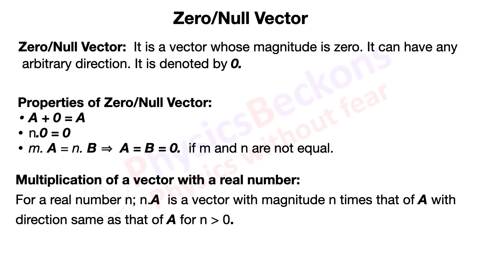If n is greater than 0, then n a will have a magnitude which is n times that of the vector, and the direction remains unchanged. However, if the number n is negative, the direction is reversed.